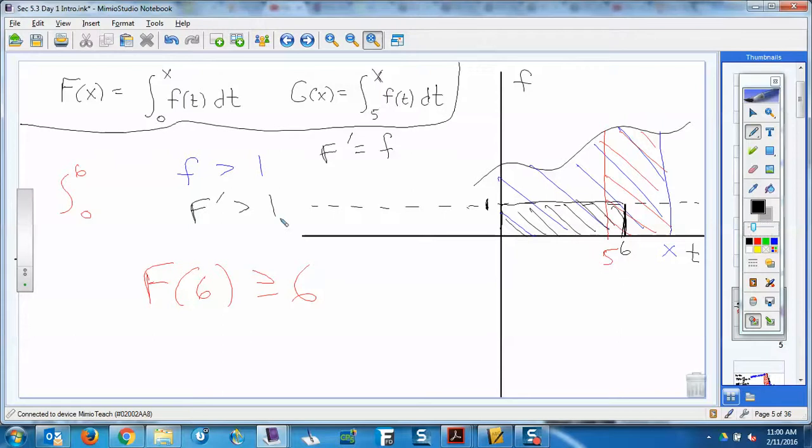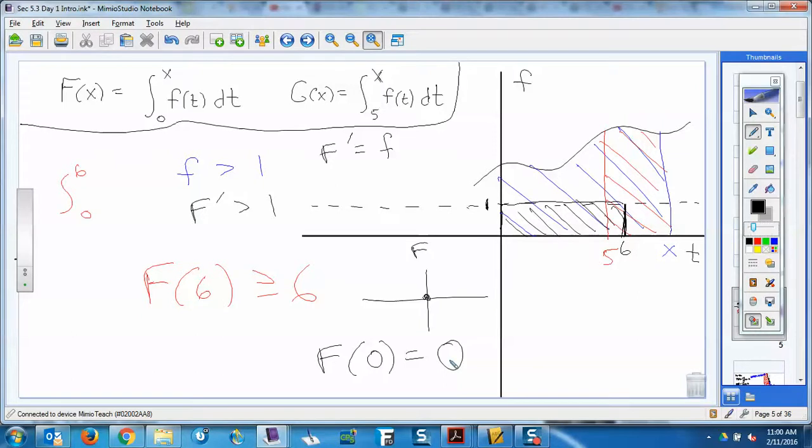Now, remember, didn't we say we had a free initial condition here? Big F of what is what? Big F of 0 is 0. So another way I could have done this was to draw the big F graph. I know big F of 0 is 0.